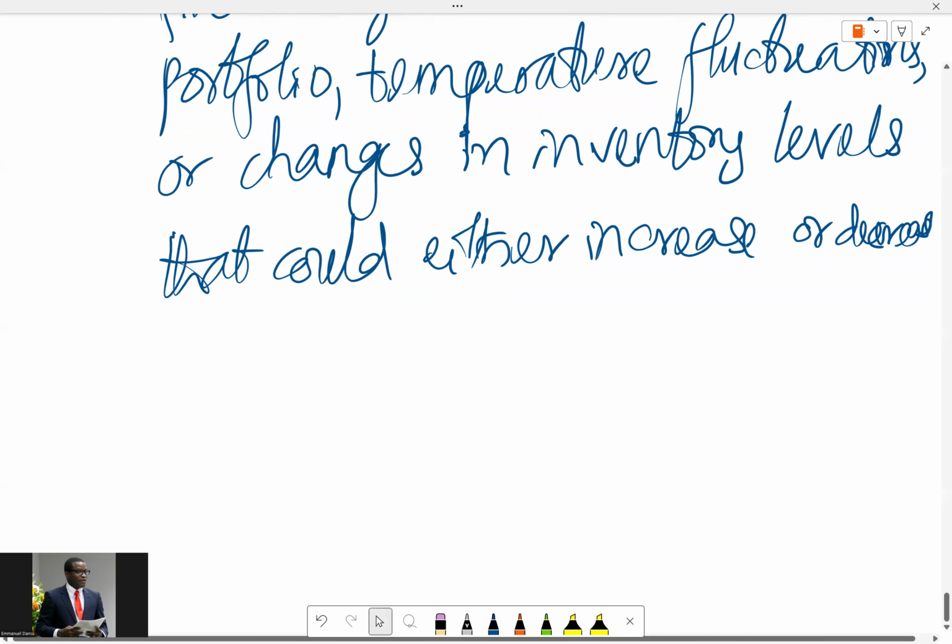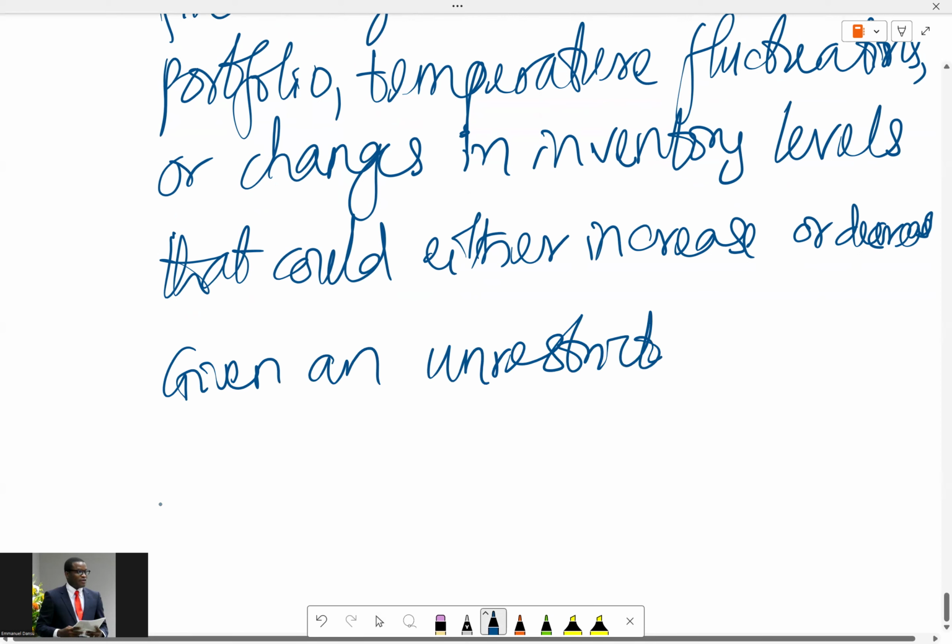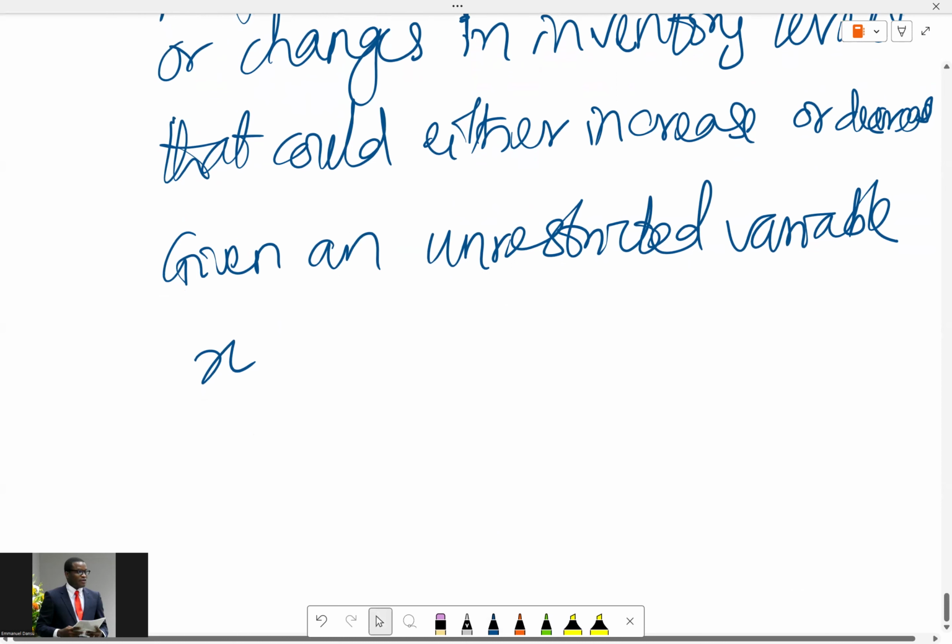So if you have an unrestricted variable x, it can be expressed as the difference between its positive part and its negative part.